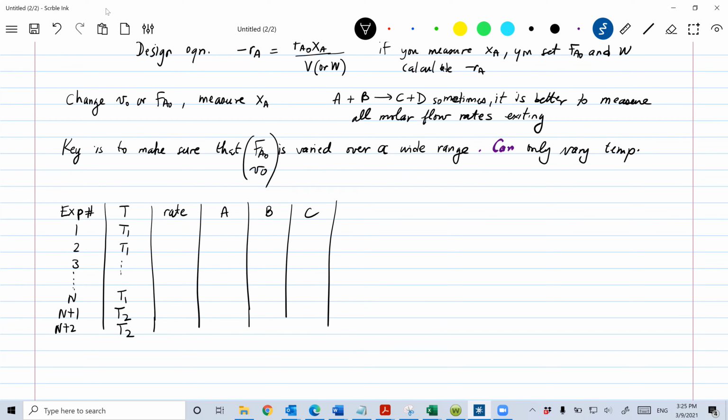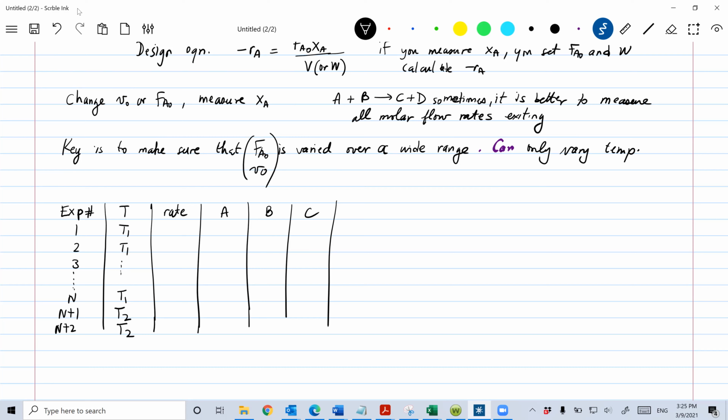So for each of these systems, between experiment 1, 2, and 3, let's say you varied V naught or FA naught, and you're getting an exit concentration of your products and your reactants.